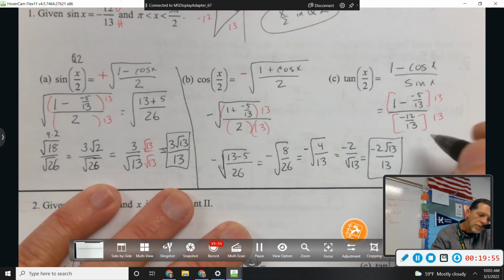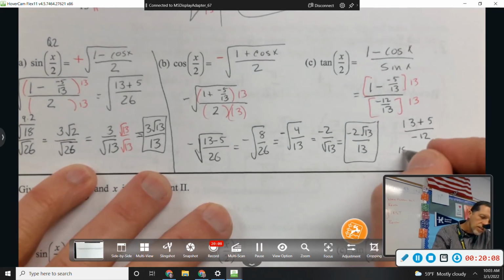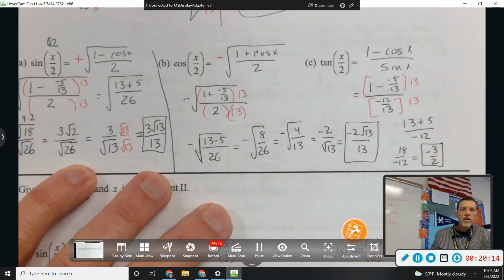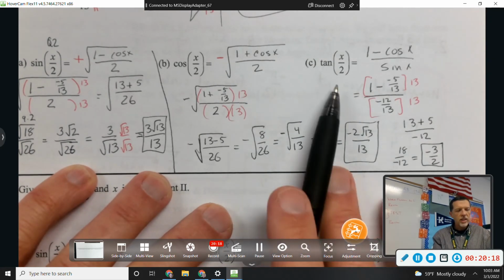Multiply everybody by 13. We end up with 13 plus 5 over negative 12. So 18 over negative 12 would be negative 3/2. We already knew tangent was going to be negative, so that's a good check that it worked out.